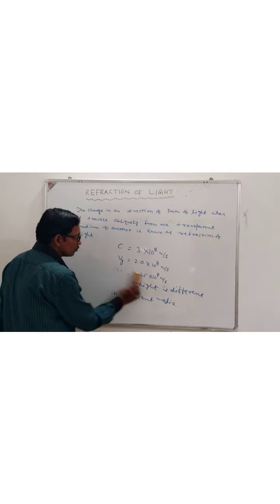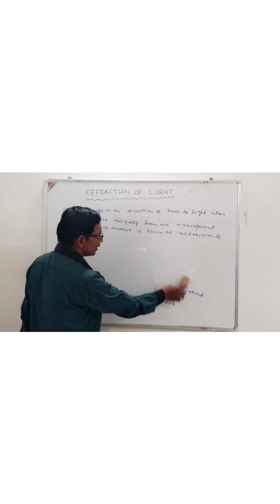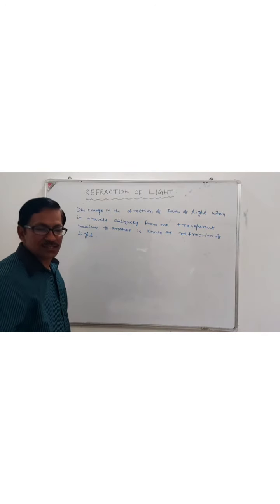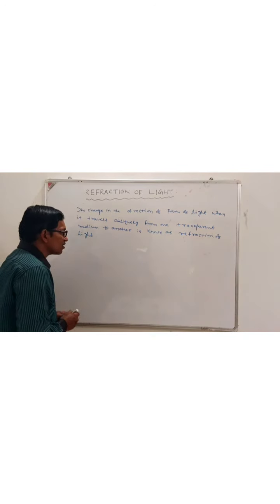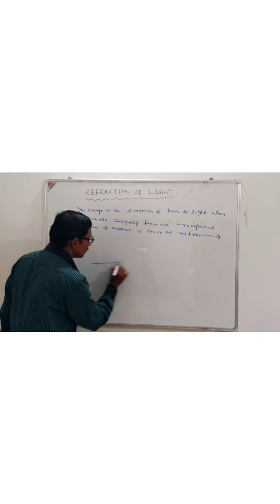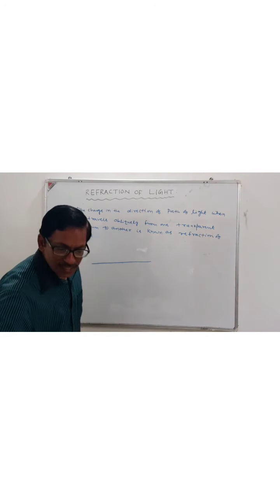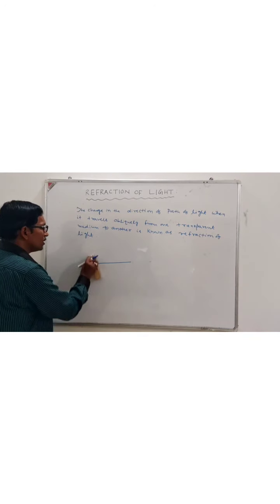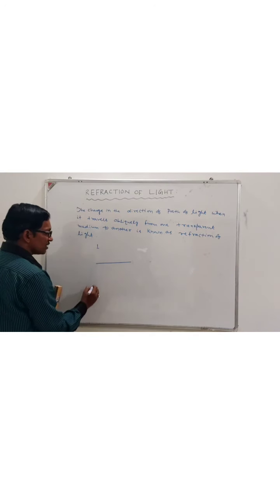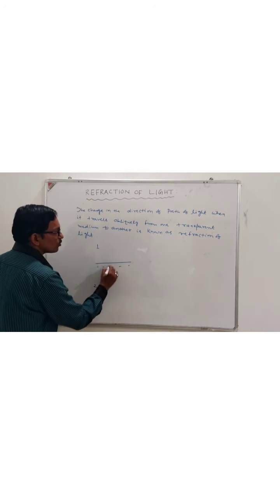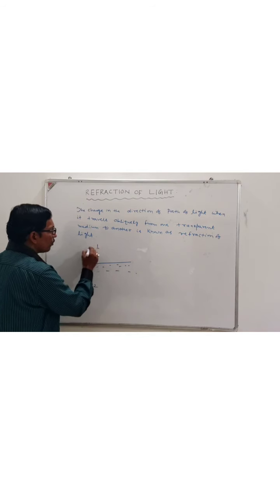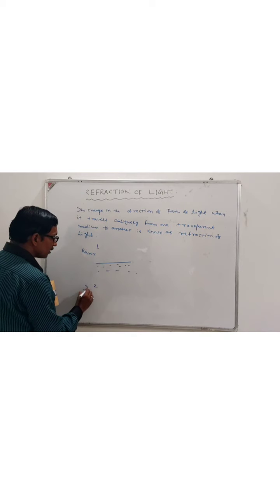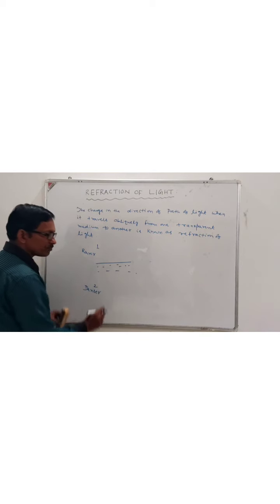Now I will show in which direction light bends, or changes direction, when it travels from a denser medium to a rarer medium. I have drawn one interface that separates two media. Suppose this is medium 1 and this is another medium 2. The upper one is a rarer medium and the lower one is a denser medium.